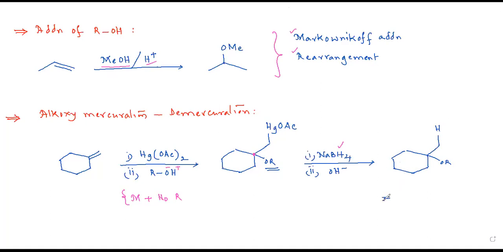No problem. This can be written as OR here, and this is simple CH3. So this is alkoxymercuration, demercuration. In fact, the formation of an ether. Even this also is an ether. Here also. Preparation of ether. Okay.